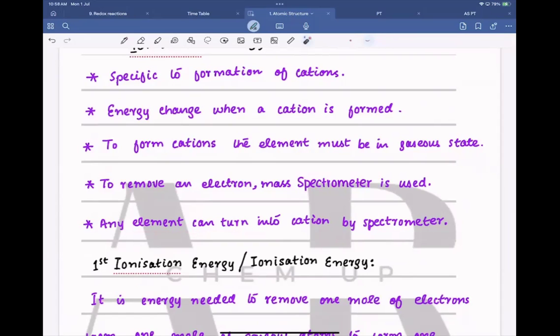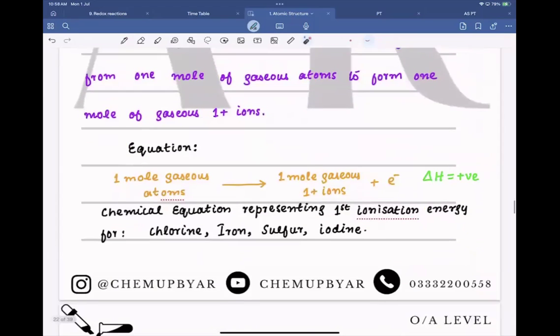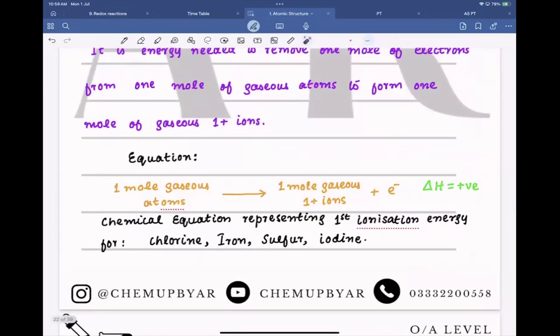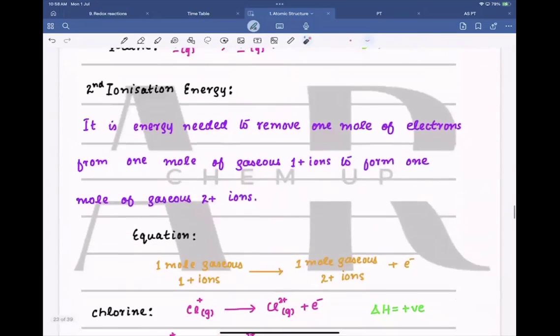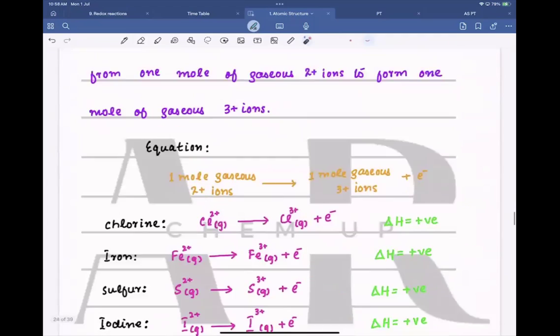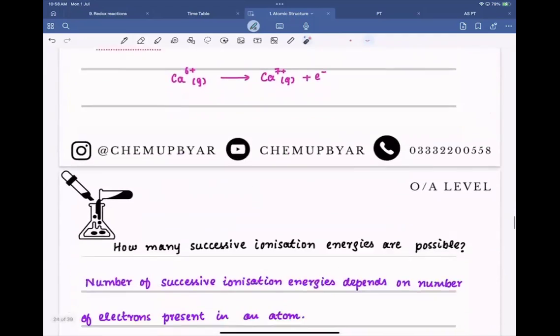We can also do the same thing with chlorine, nitrogen, oxygen, the elements which usually form negatively charged ions can be turned into positively charged ions. Is this clear? Yes, sir. Okay, we are done with these definitions and the examples, right? Equations. Yes, sir.